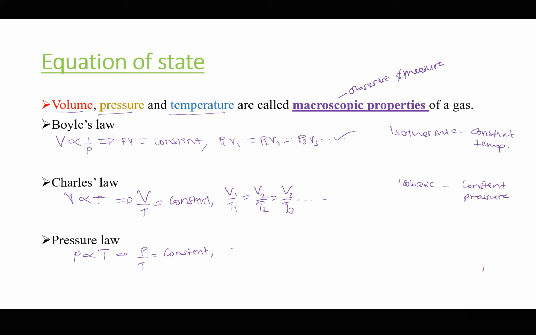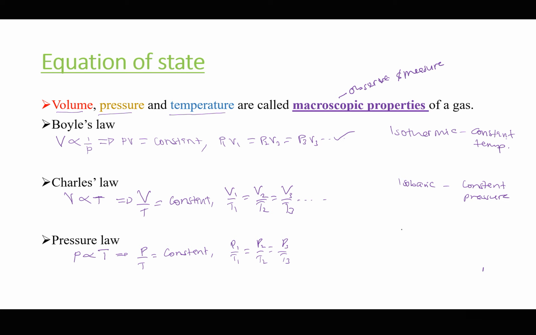Or this could mean P1 over T1 equals P2 over T2, which equals P3 over T3. Such a process, which occurs at constant volume, is said to be isochoric or isovolumetric.